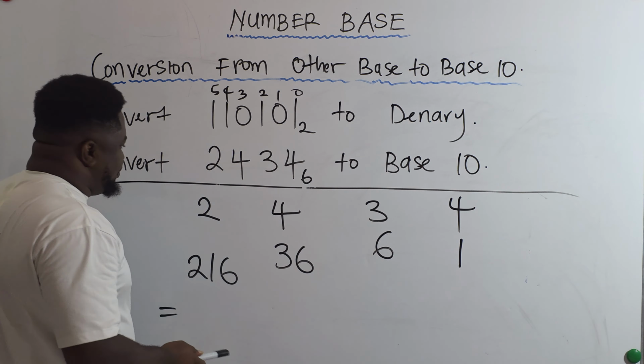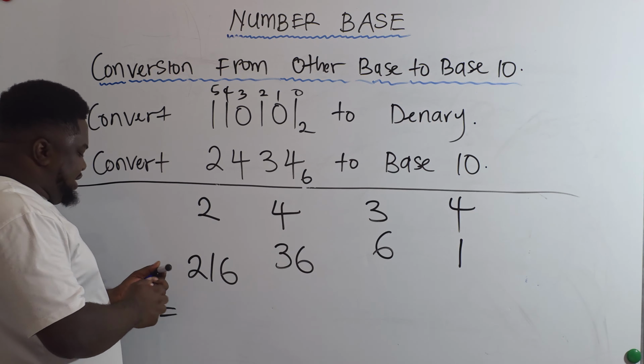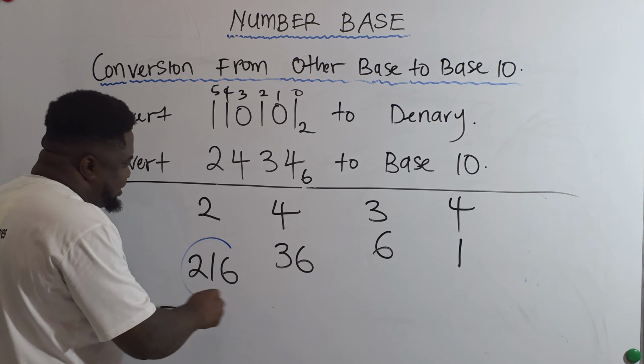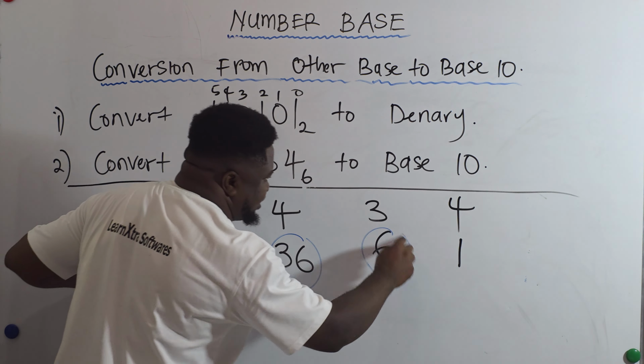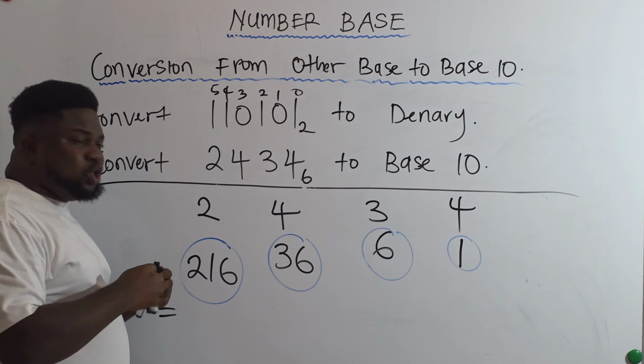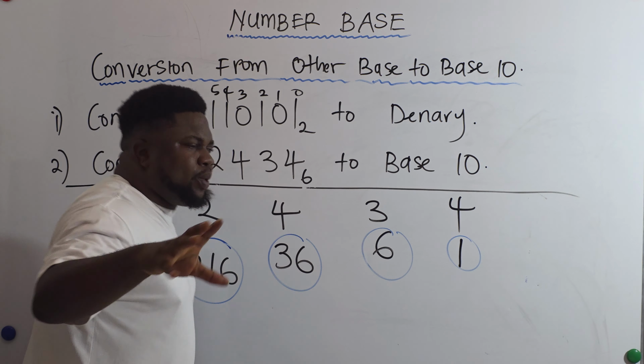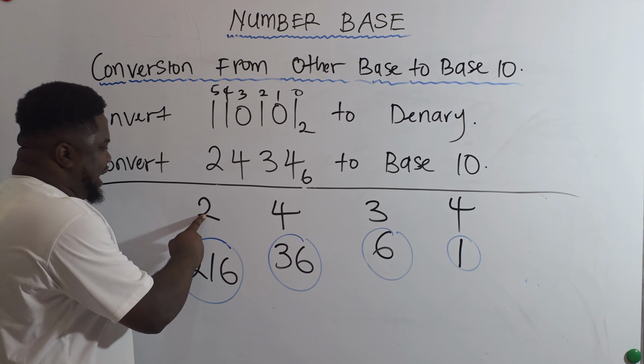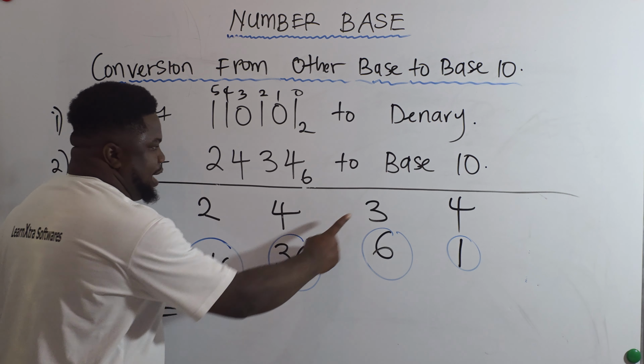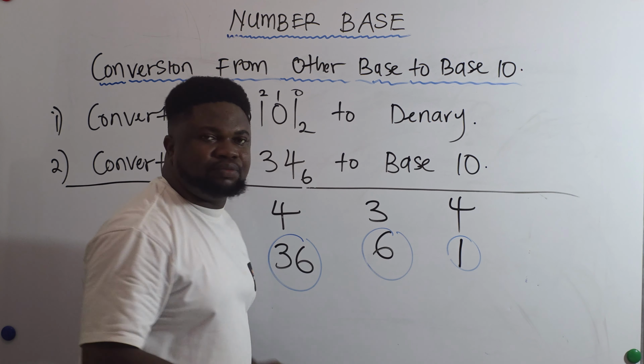But here, we won't just add this plus this plus this plus this. No, it won't work like that. Before we add, we must multiply these ones on top with them.